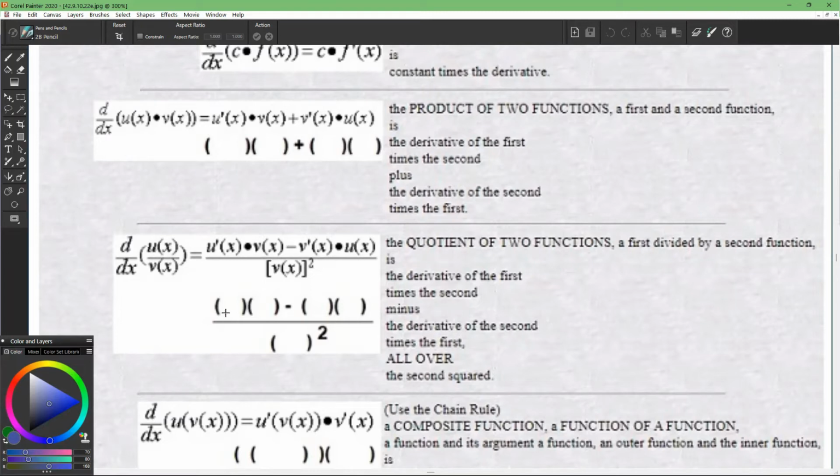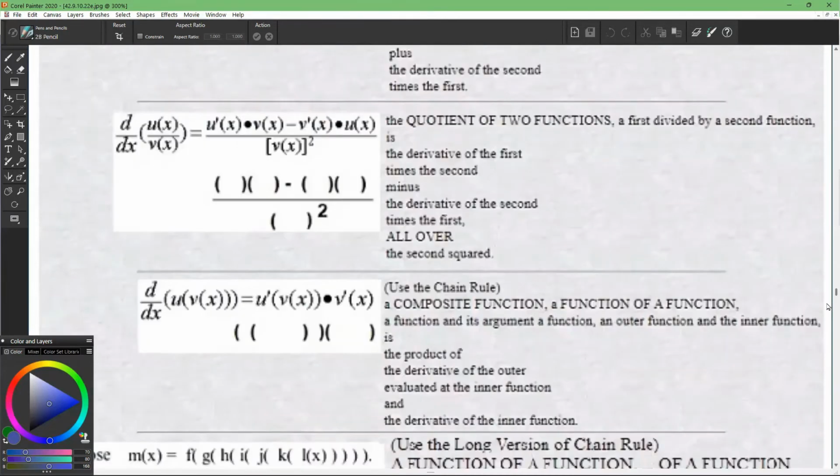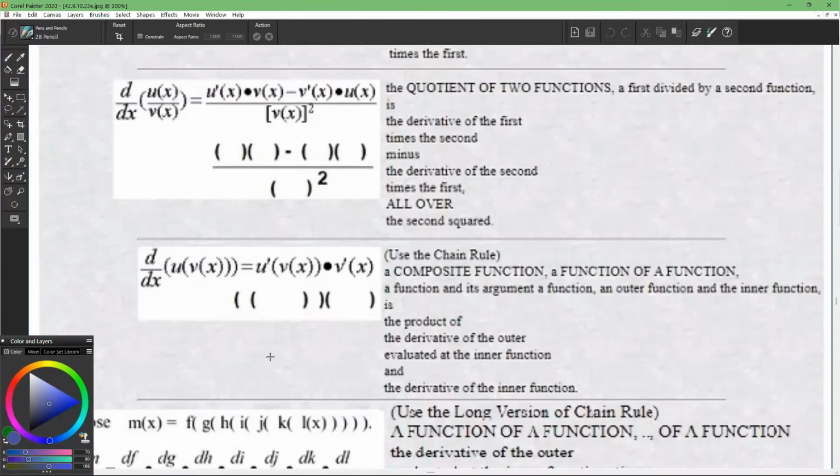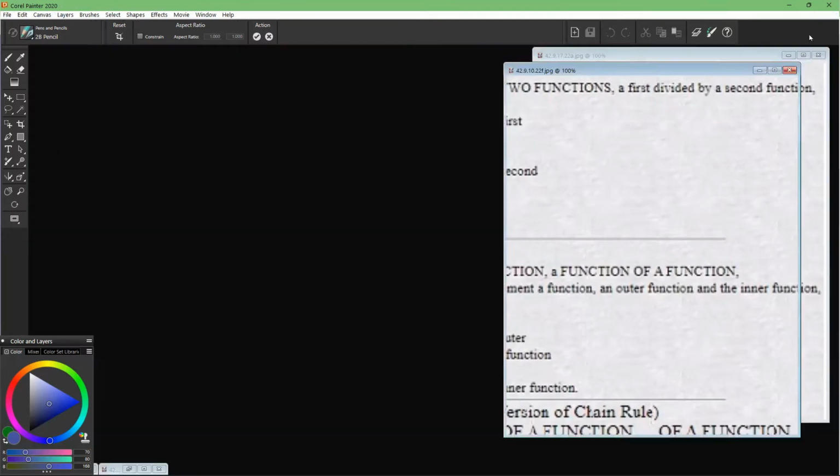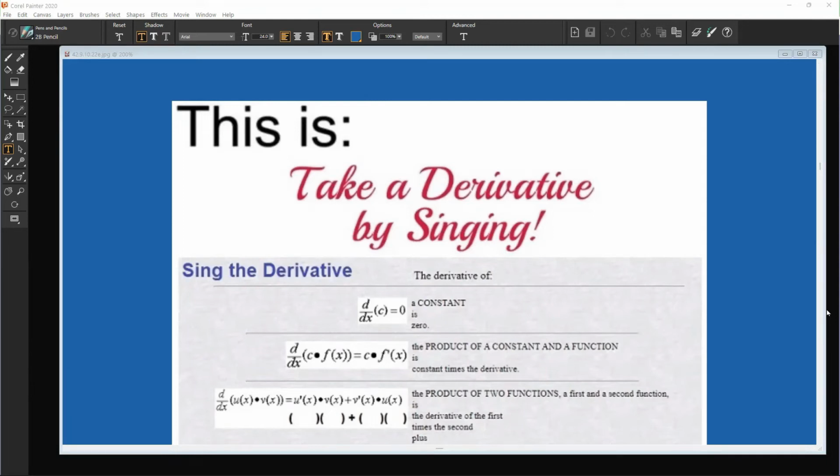The quotient: the derivative of the first times the second minus the derivative of the second times the first, all over the second squared. For the chain rule, the derivative of the outside evaluated at the inside times the derivative of the inside. We're ready to take a derivative by singing.